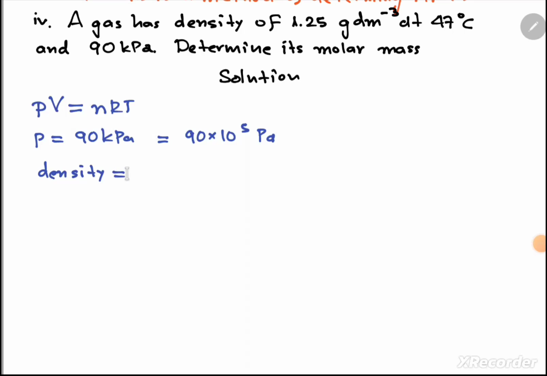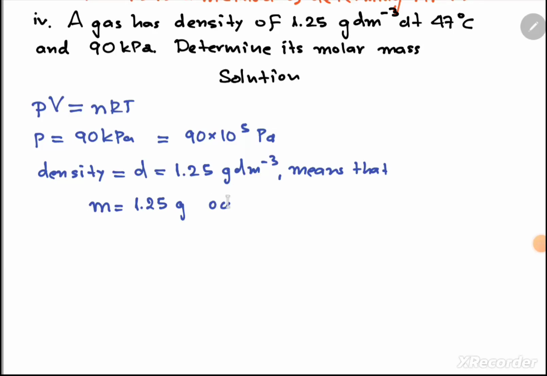Density is 1.25 means that if we have mass 1.25 grams, this mass occupied volume of 1 dm to the cube.